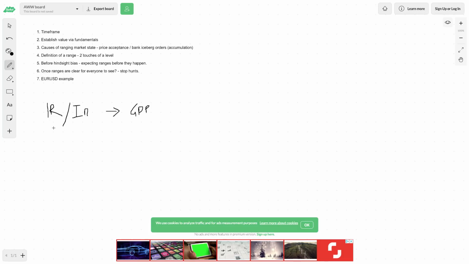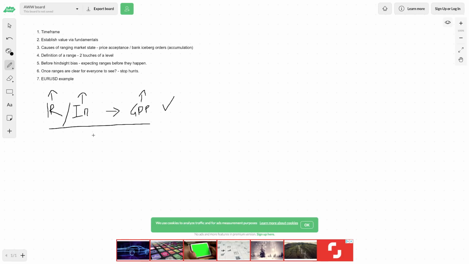What you want to look at in overall terms, and I'm not going to get too much into this, maybe a minute or so, is establish whether a country has rising inflation, therefore is looking to raise interest rates, and also has growing GDP. That would indicate a strong currency.